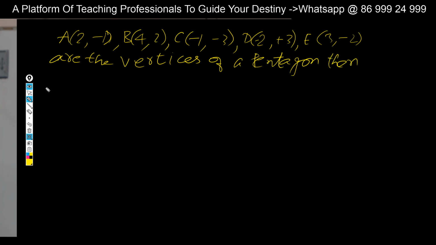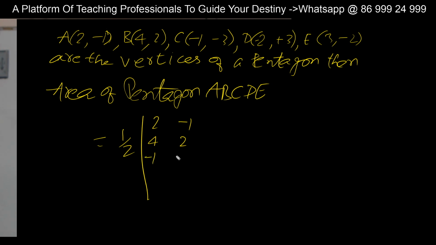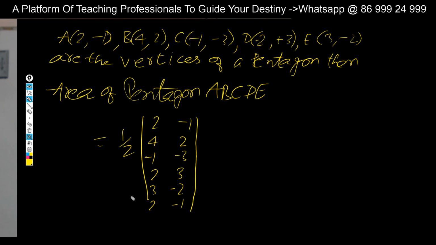Then area of pentagon ABCDE is equal to half modulus of, you understand, 2 -1, 4 2, -1 -3, 2 3, 3 -2, and finally 2 -1, it is to be written, please.